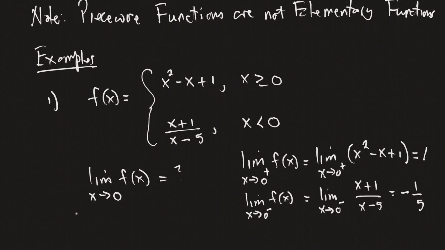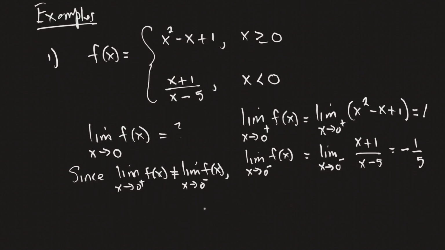So I'll say this: since the limit from the right of f of x is not equal to the limit from the left of f of x, the two-sided limit, so the limit as x approaches 0 of f of x, does not exist, right? So we can't just plug it in, and this goes back to some previous work that we did.